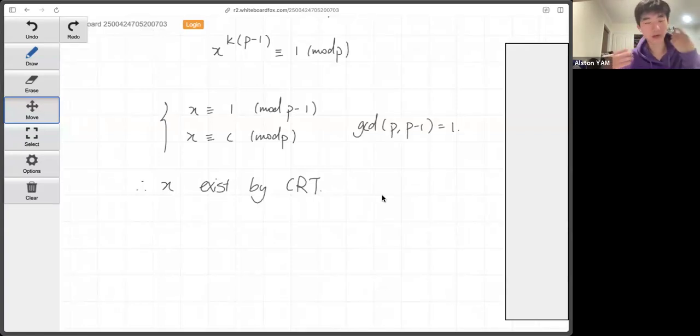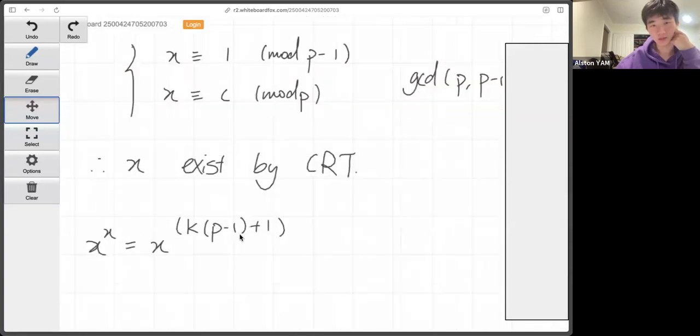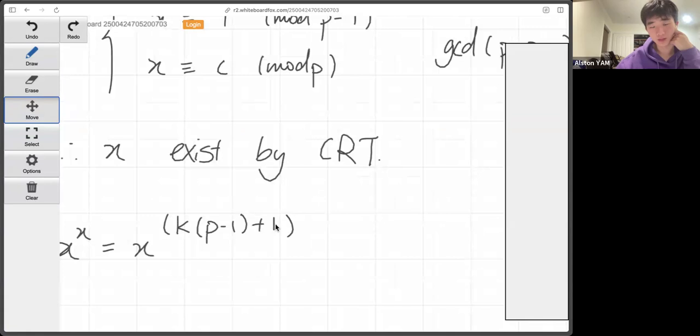Now, you will write it out like this to finish the problem. So you will write it up like x to the x must be congruent to x to the power of k. Actually, it's not even congruent, it's equal, k times p minus 1 plus 1. Why is that? Because we know that x satisfies 1 mod p minus 1, so it must be some multiple of p minus 1 plus 1.